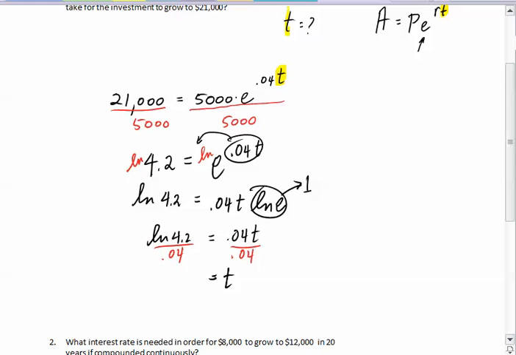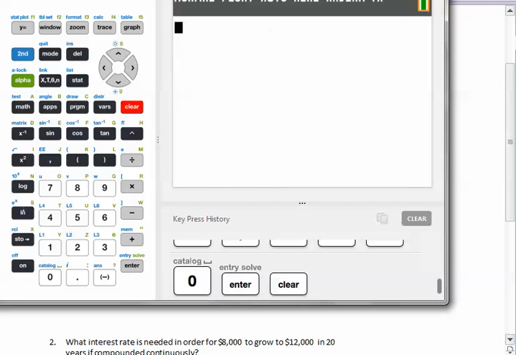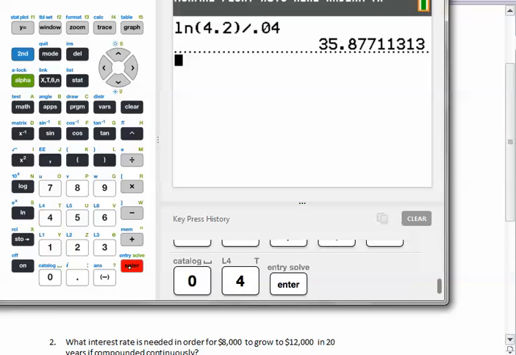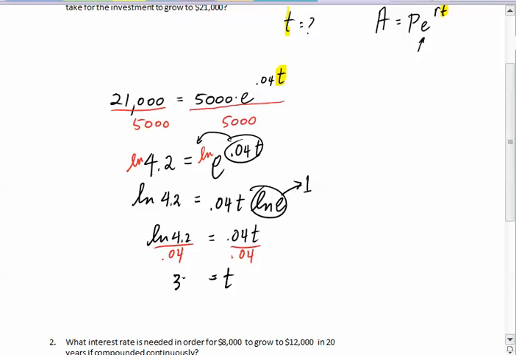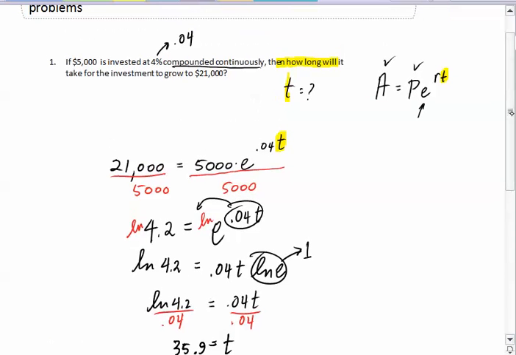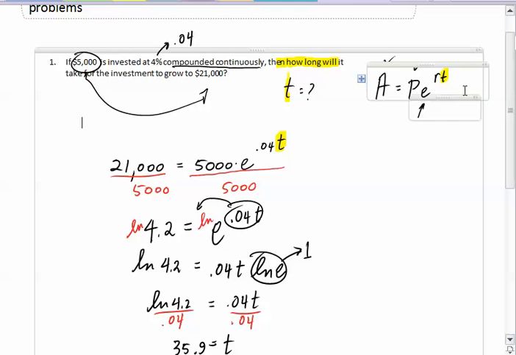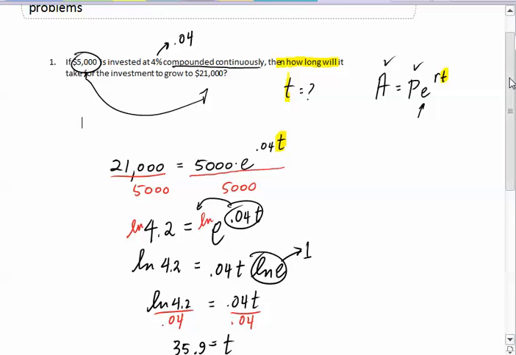Natural log of 4.2 divided by 0.04 gives 35.9, and that means over 35 years, almost 36 years, for the $5,000 to turn into $21,000 if the interest rate is 4%, continuously compounded.